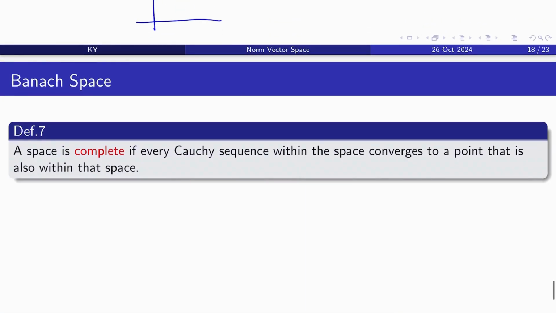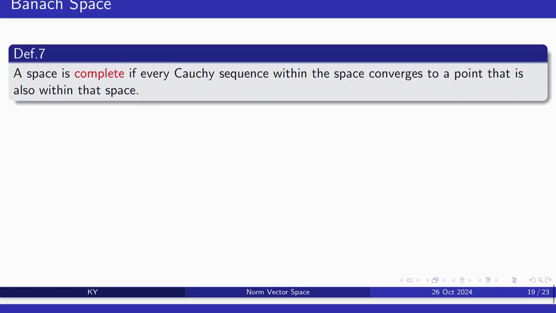So let's say you look at what is complete. If you look at the real line, you can see that R is complete.